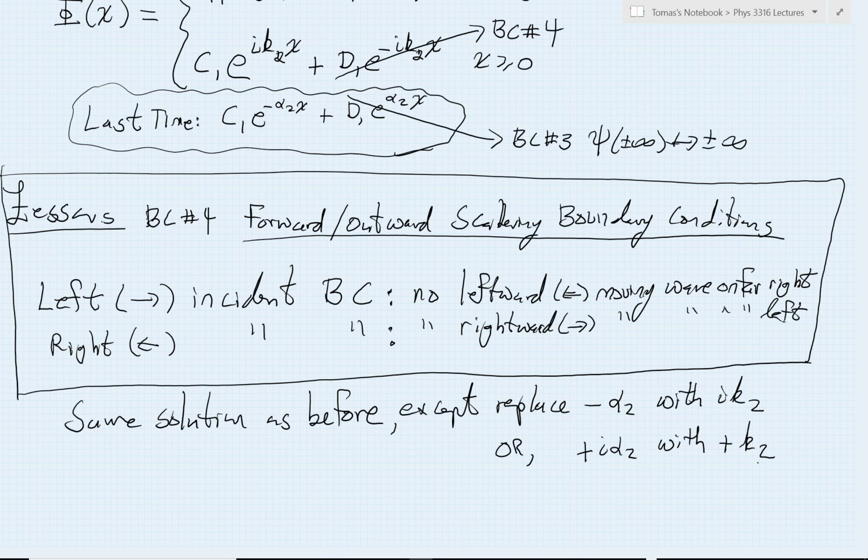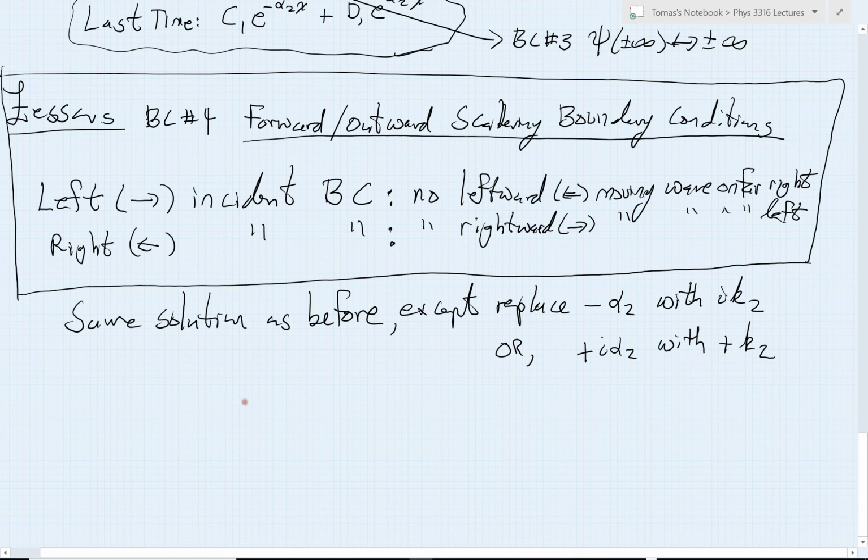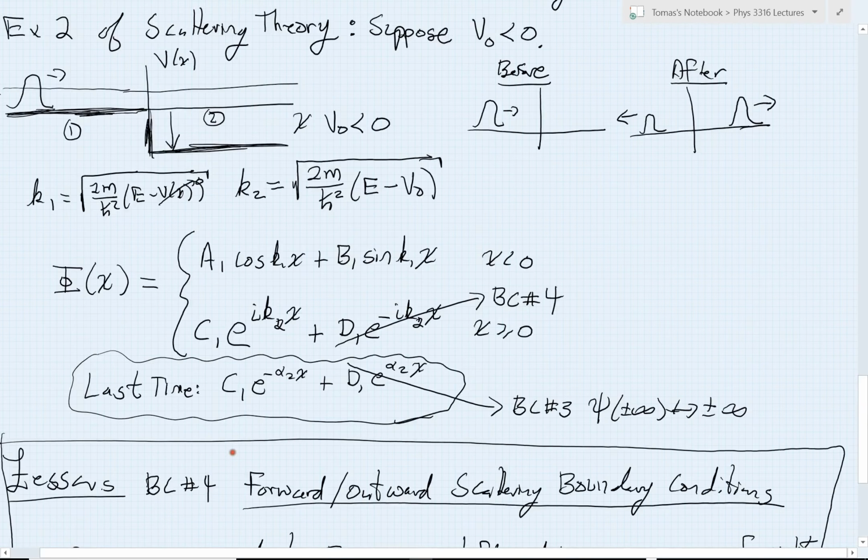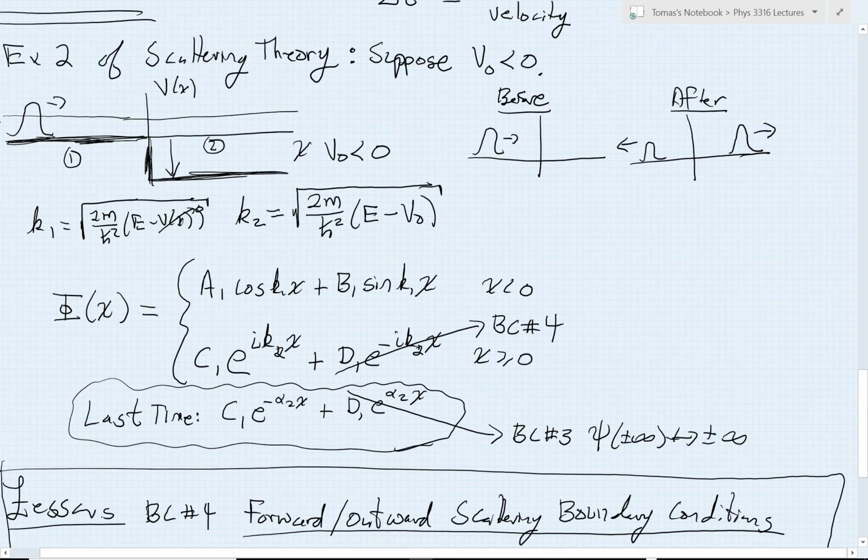Now, I don't want you to think that this was just some kind of accident that this worked out so conveniently. There's a very powerful idea underlying this, something called analytic continuation. And that is just the more general, powerful idea that, well, look, this is exactly the same problem as before.